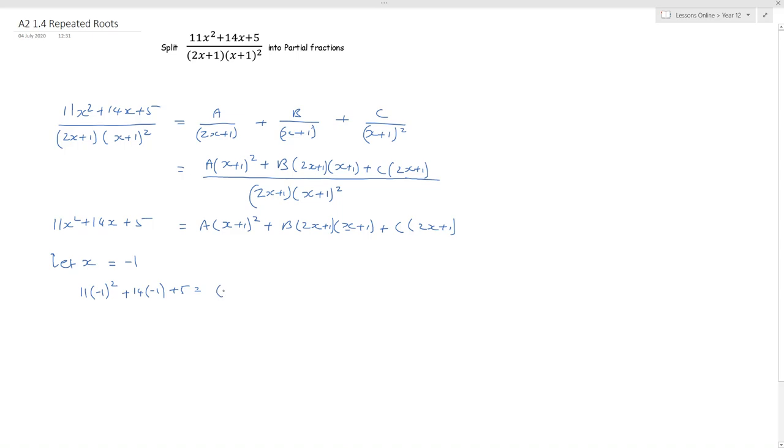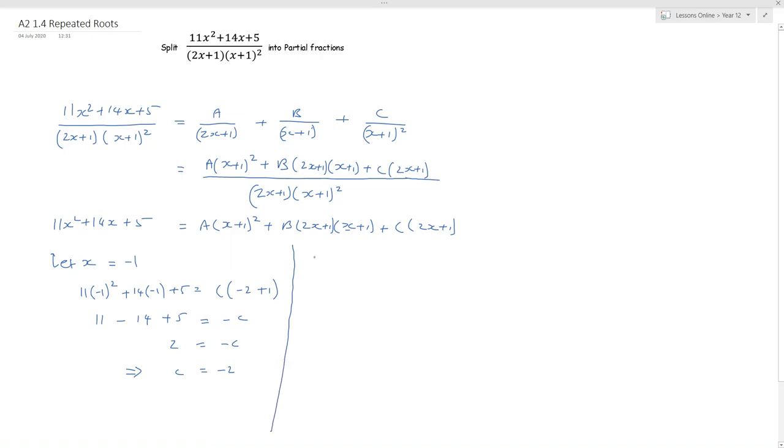And we've got C times 2 times minus 1 gives me minus 2 plus 1. So if we work this out, minus 1 squared is 1, so we've got 11 minus 14 plus 5 is equal to minus C. 11 plus 5 is 16 minus 14, so 2 equals minus C, which implies C equals minus 2. So I've got my C.